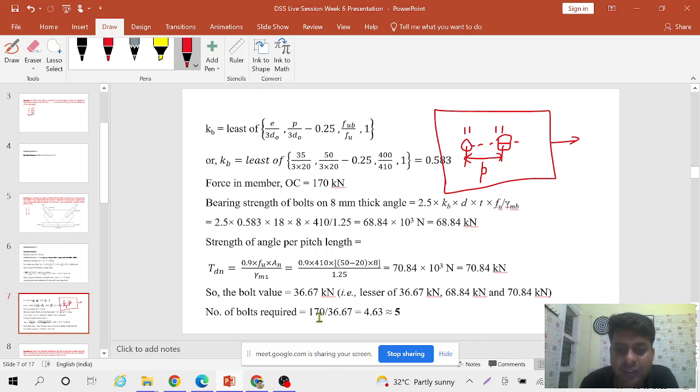So we are dividing 170 by 36.67, which is equal to 4.63, but we cannot provide 4.63 bolts. So we take the nearest maximum integer, which is 5. So we are reporting that we have to provide 5 bolts for that connection.